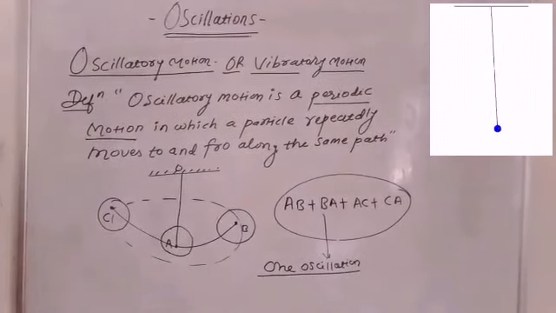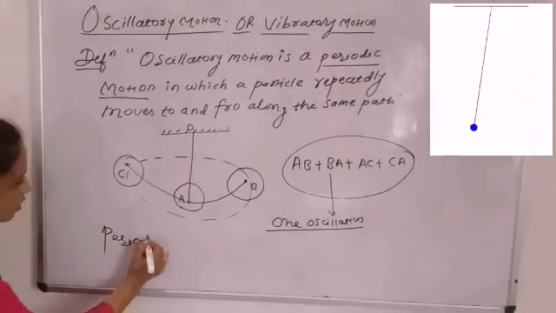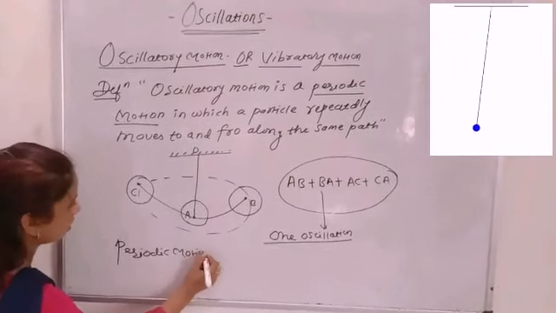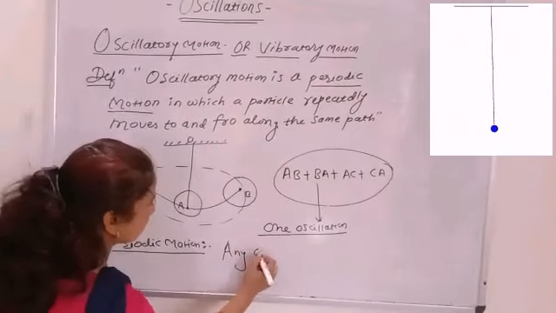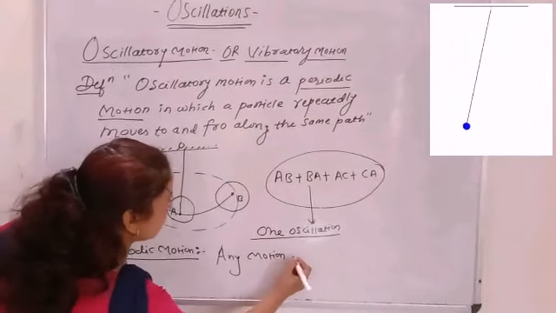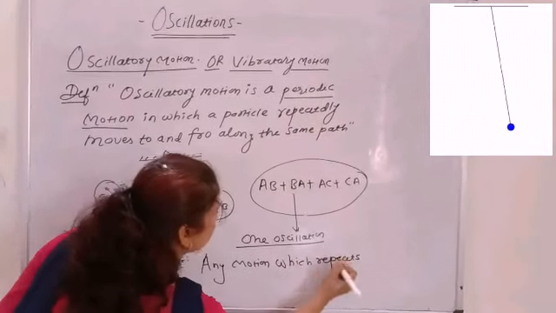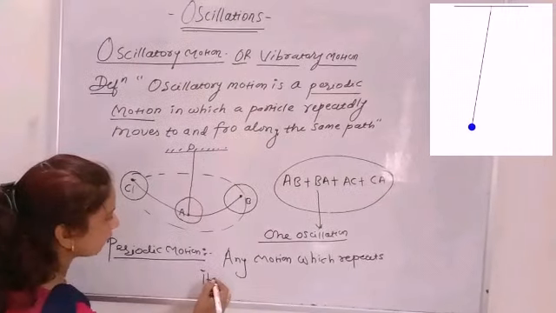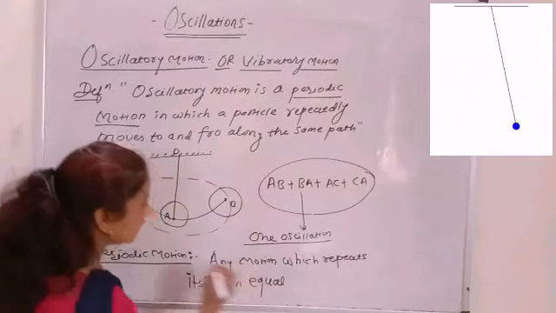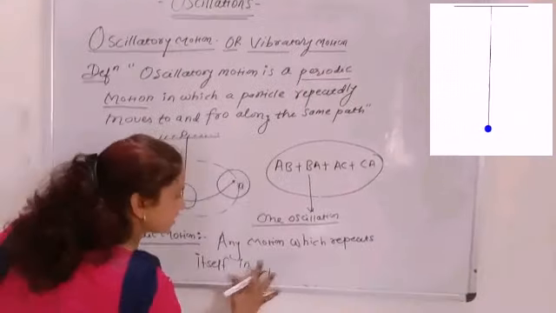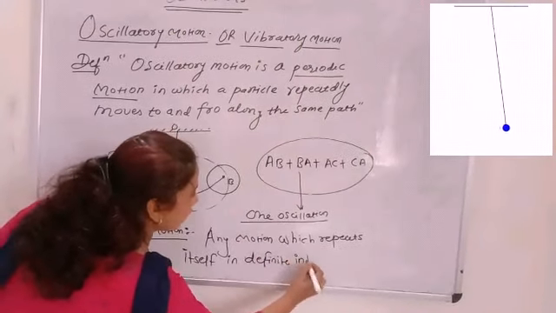What do you mean by the periodic motion here? Periodic motion means any motion which repeats itself in equal, definite interval of time.